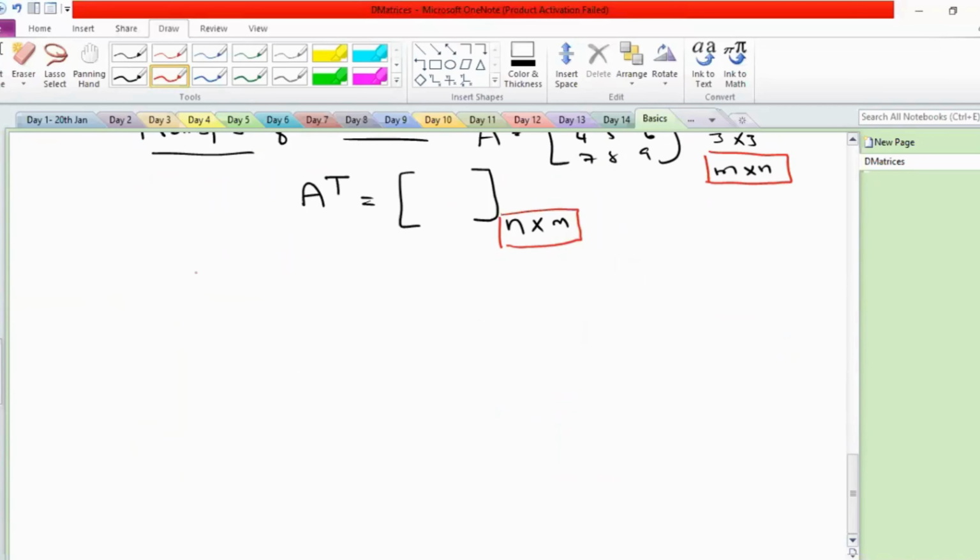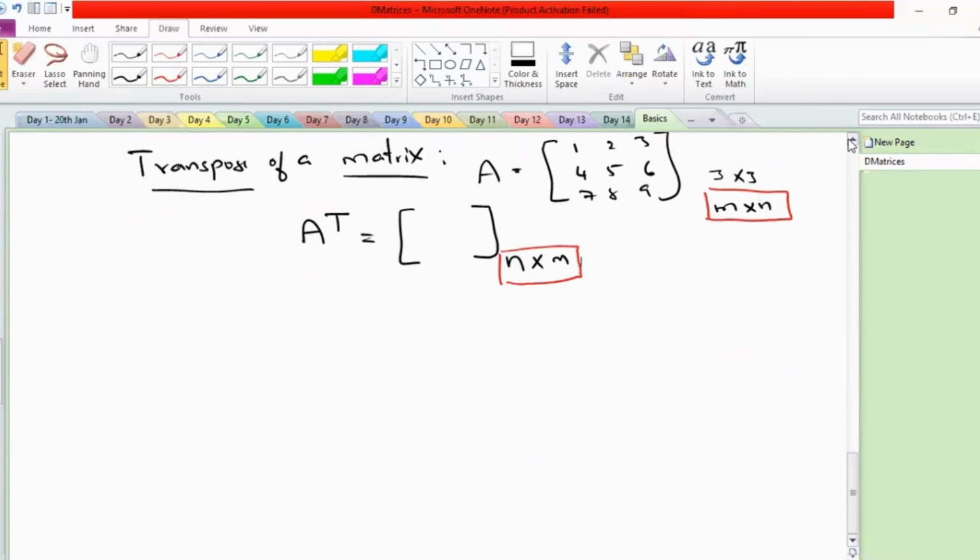So in this case, A transpose is 1, 4, 7, 2, 5, 8, 3, 6, 9.